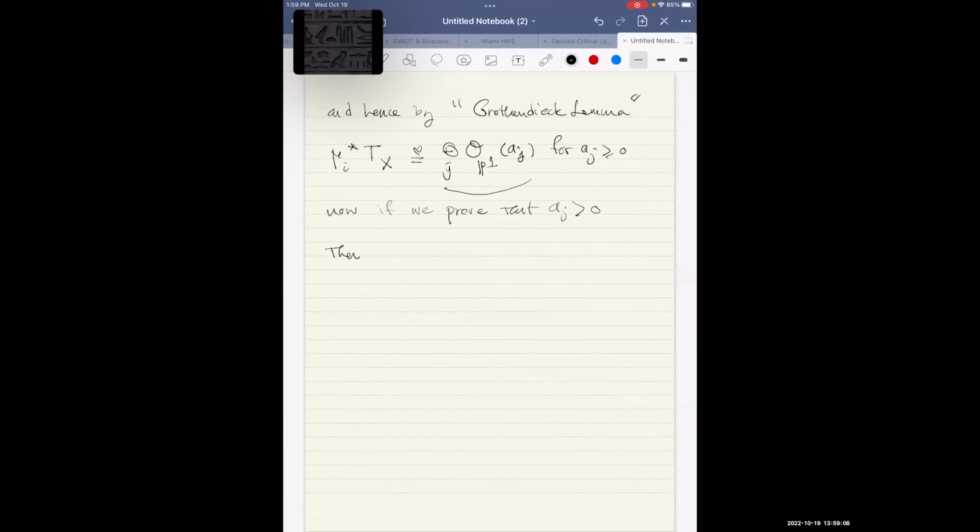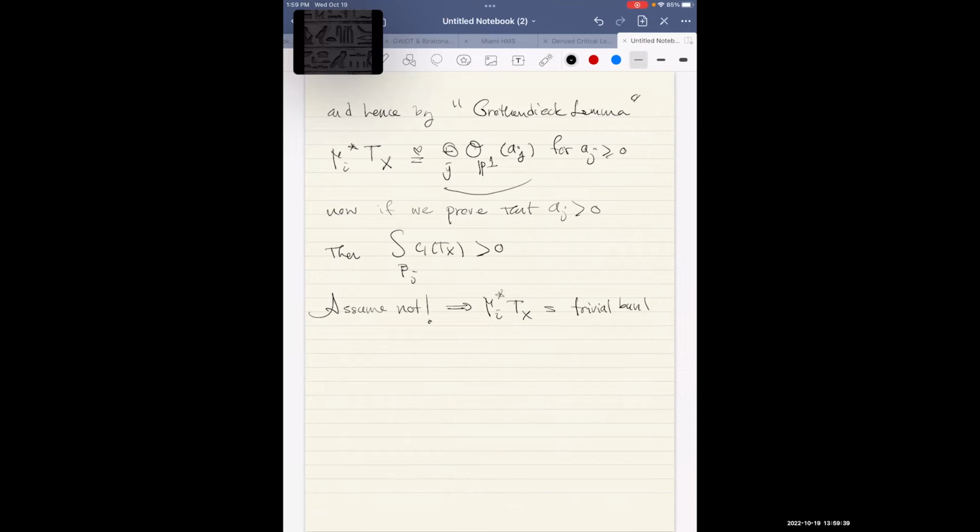Okay, so is that the case? If we prove that this is bigger than 0, then the integral against beta_j of c1 of the tangent bundle of X is going to be bigger than 0. Okay, assume not. Assume that's not the case. Then the only other possibility is that this thing is the trivial bundle.